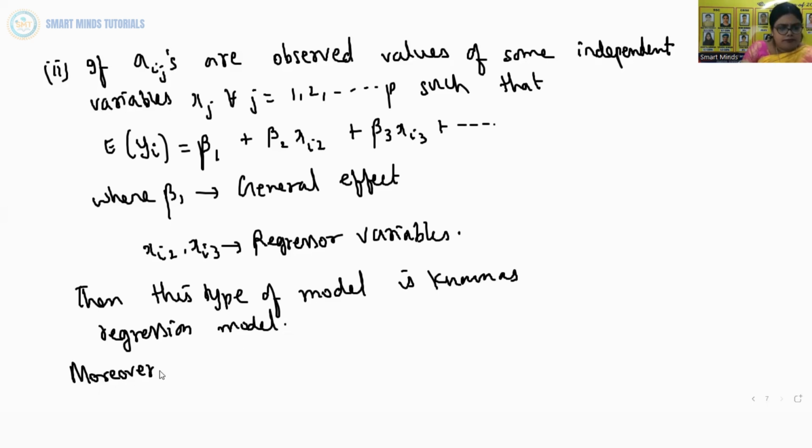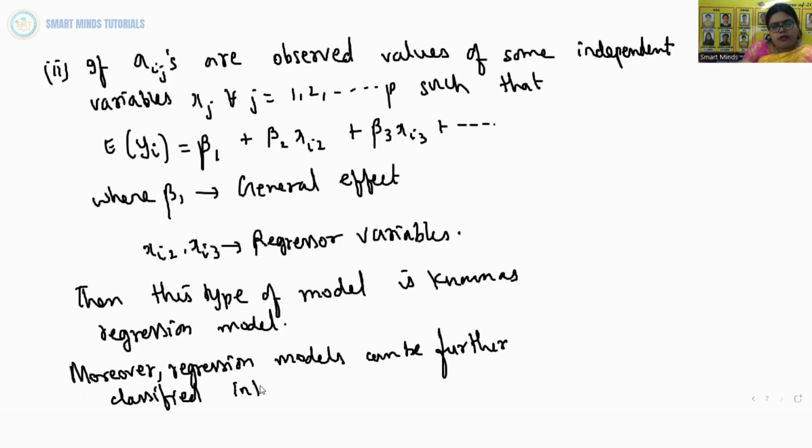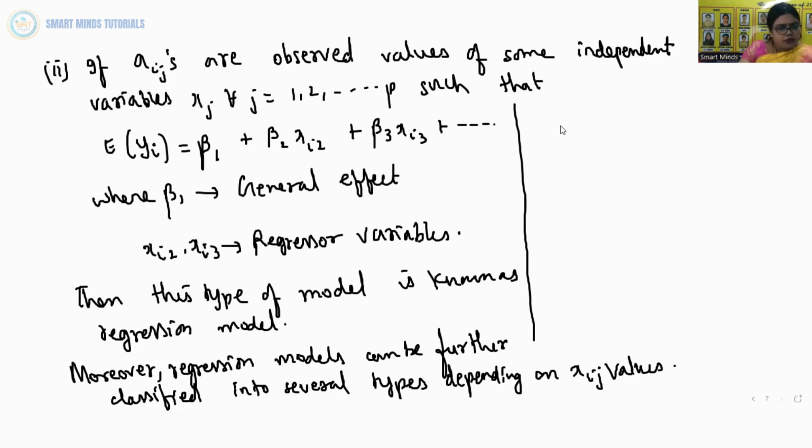Moreover, regression models can be further classified into several types depending on xij values. So what are the different types of regression models? Number one, functional regression model.